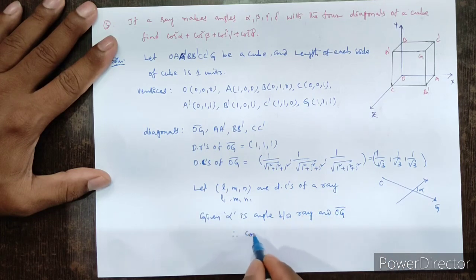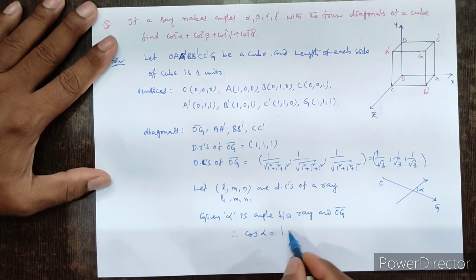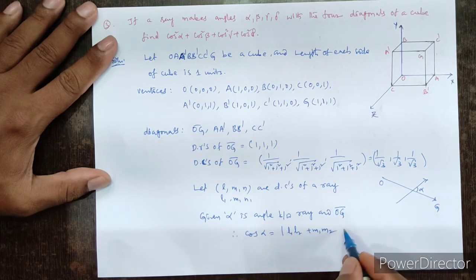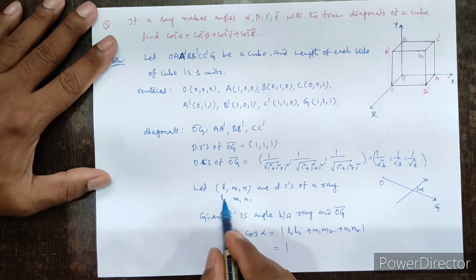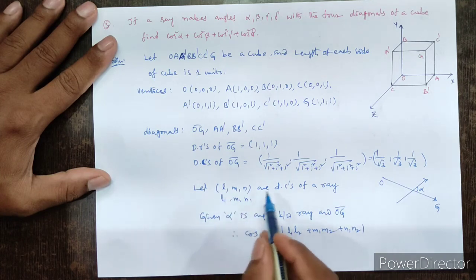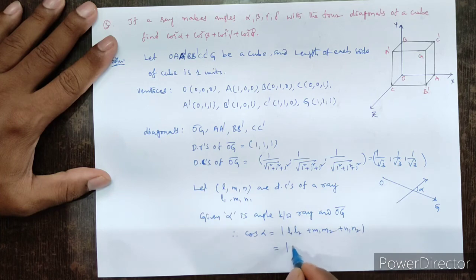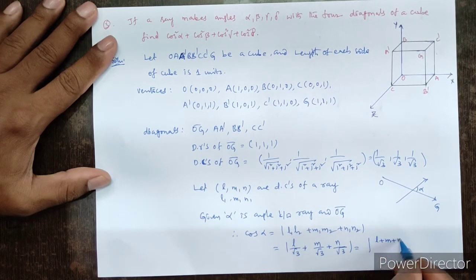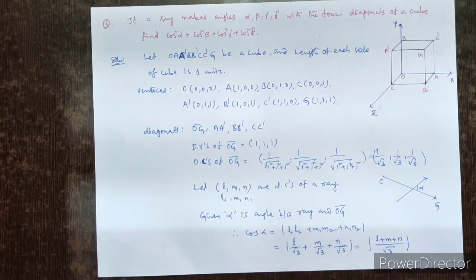Therefore cos alpha equal to modulus of L1 L2 plus M1 M2 plus N1 N2, that is L by root 3 plus M by root 3 plus N by root 3, that is nothing but L plus M plus N by root 3.